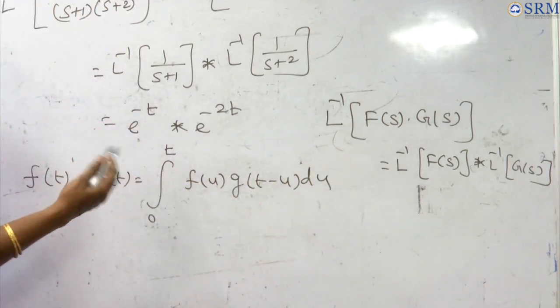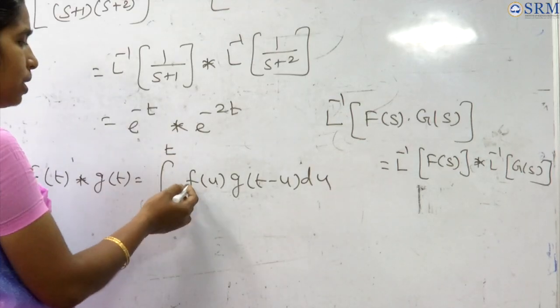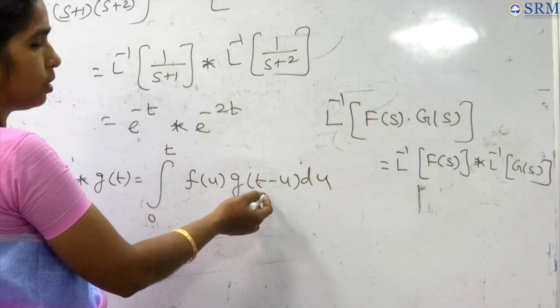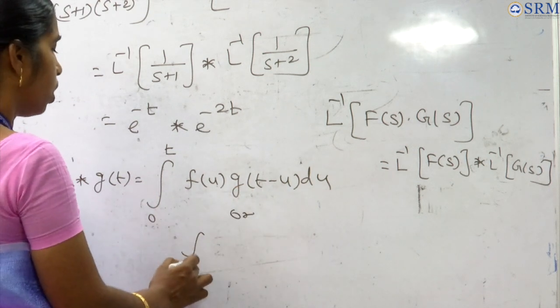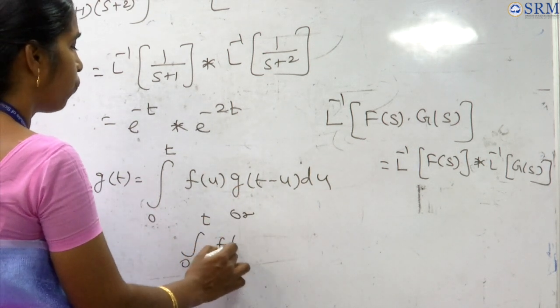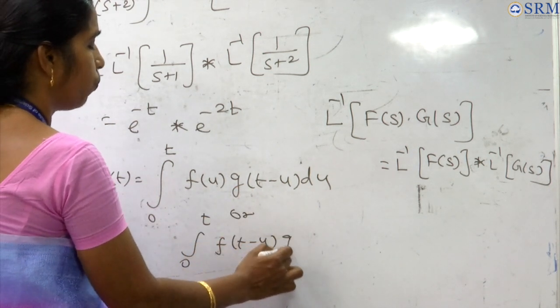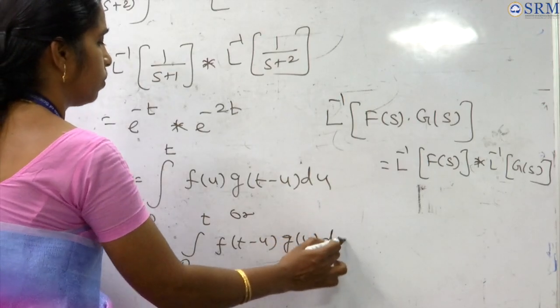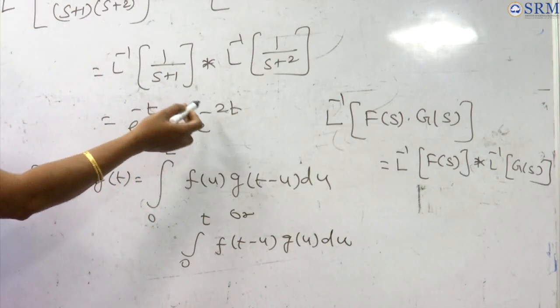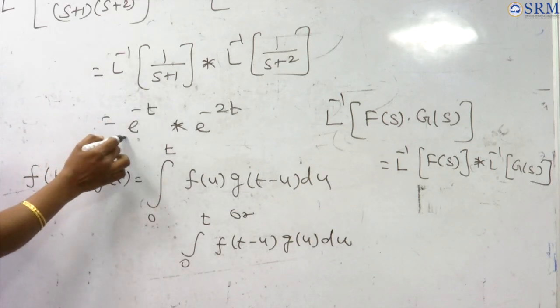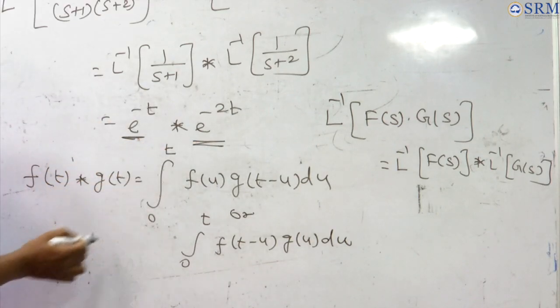One is u, another one is t minus u. Or you can change it to f of t minus u, g of u, but most problems use the first one. So one function is replaced by u, another one by t minus u. So this is f of t, this is g of t.